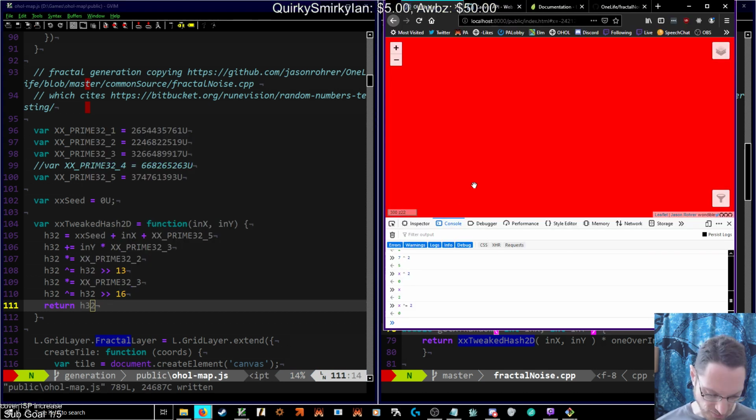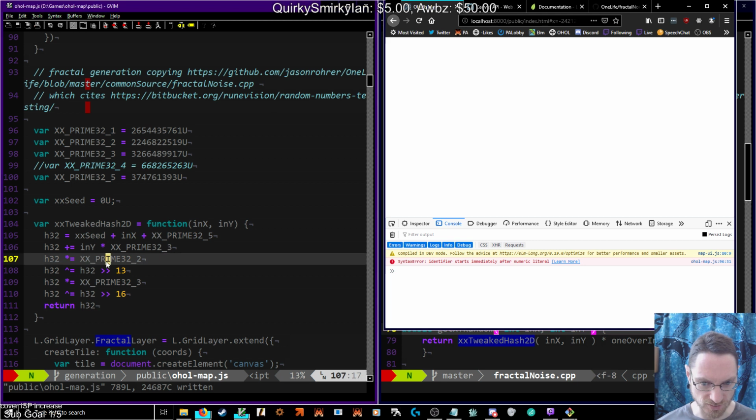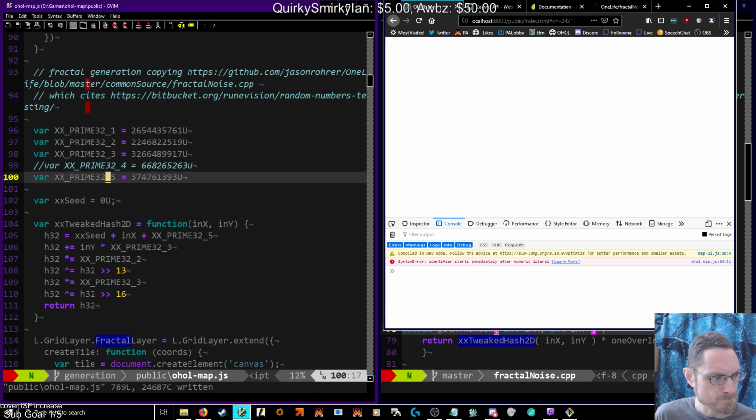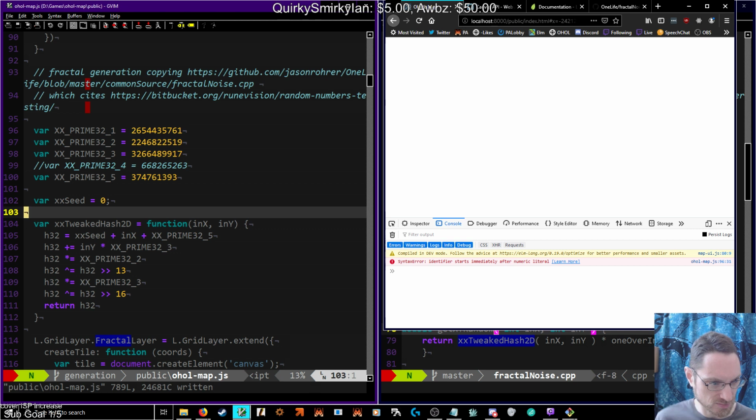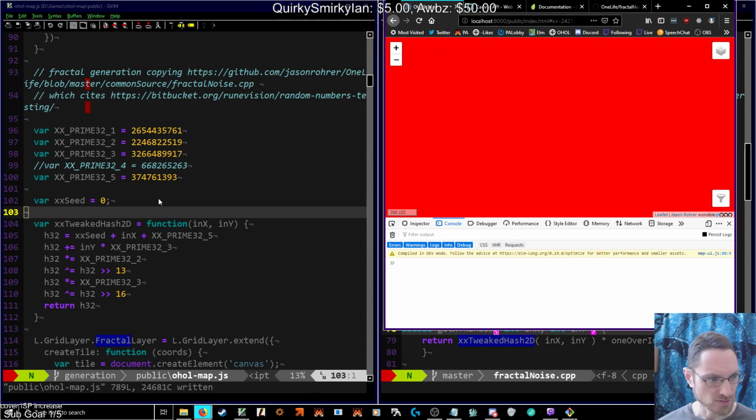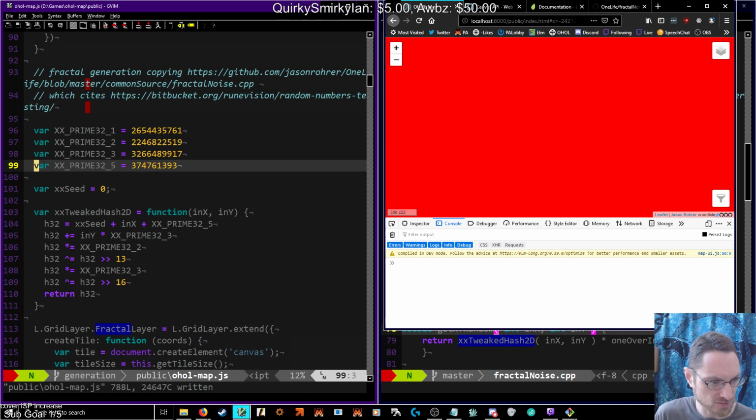All right, does that have syntax errors? That has a syntax error. Oh, U is not a thing here. Okay, we are past the syntax errors. So this by itself is just a straight up 2D hash.